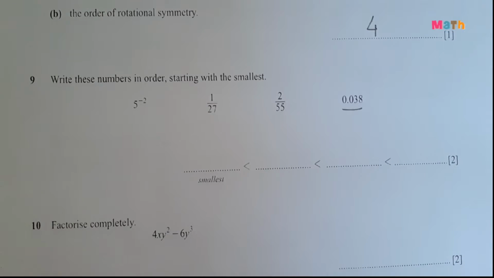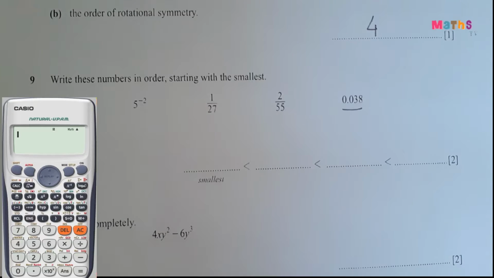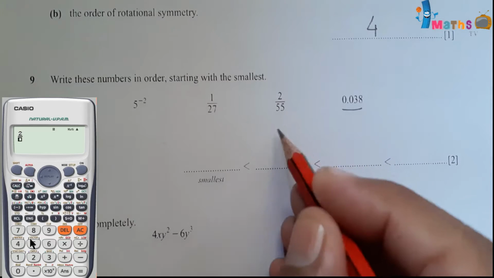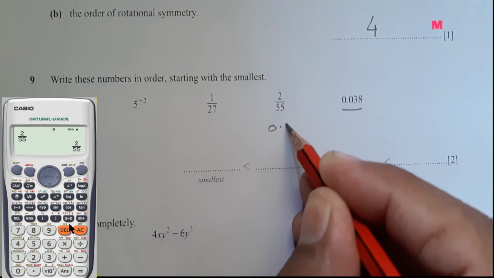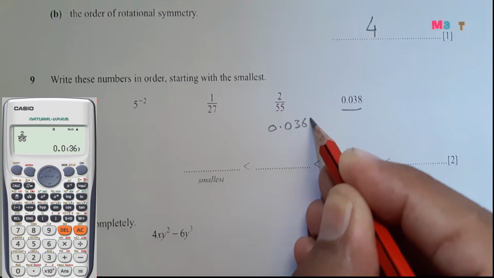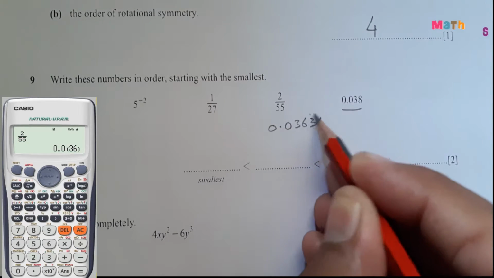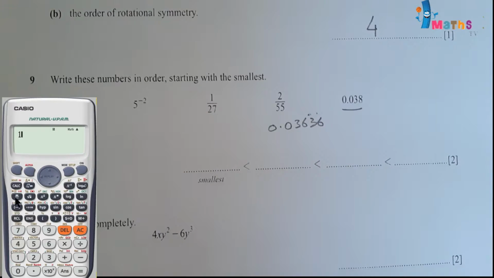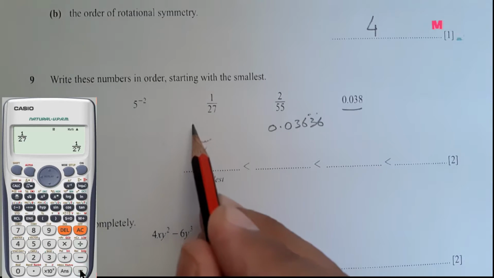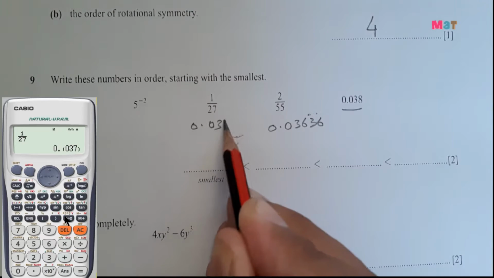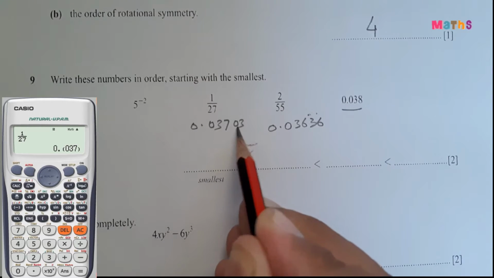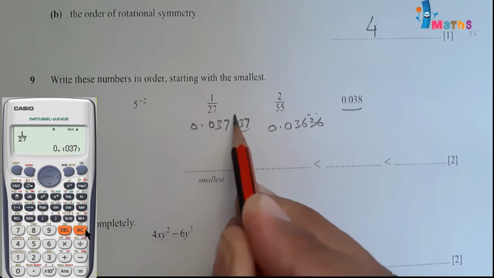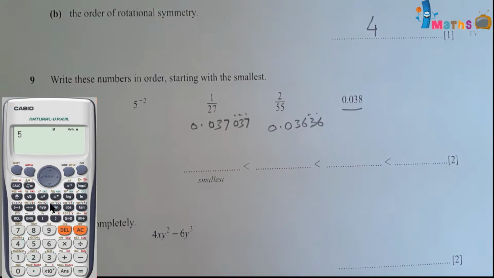So we can divide 2 by 55 and it will be 0.03636 recurring, and 1 over 27, 1 divided by 27 will be 0.037, and this part is recurring.